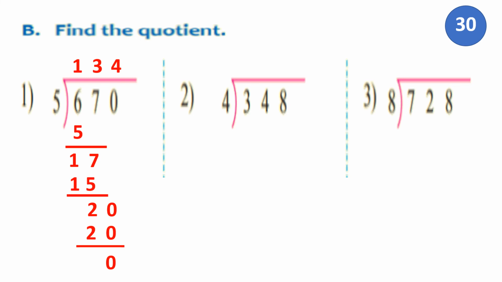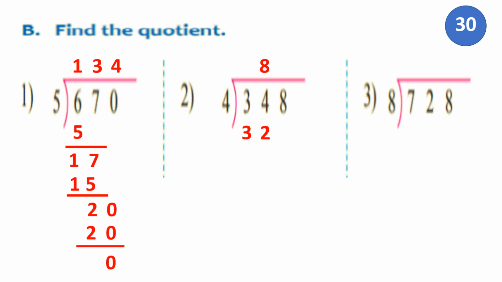Next is number 2. 348 divided by 4. First, you divide 3. 3 divided by 4 is 0. Then you use the next number, 34. Okay, students, 3 and 4. 34 divided by 4 is 8. 4 times 8 is 32.